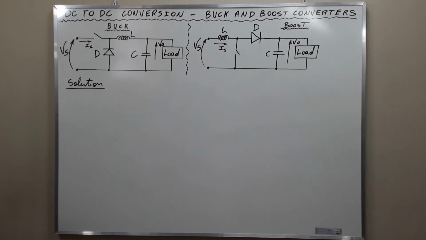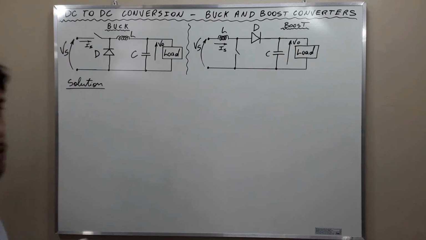What is the input current of a buck converter with 75% efficiency whose input voltage is 20 volts and is supplying the load with a voltage of 6 volts and a current of 5 amperes? What is the duty cycle?